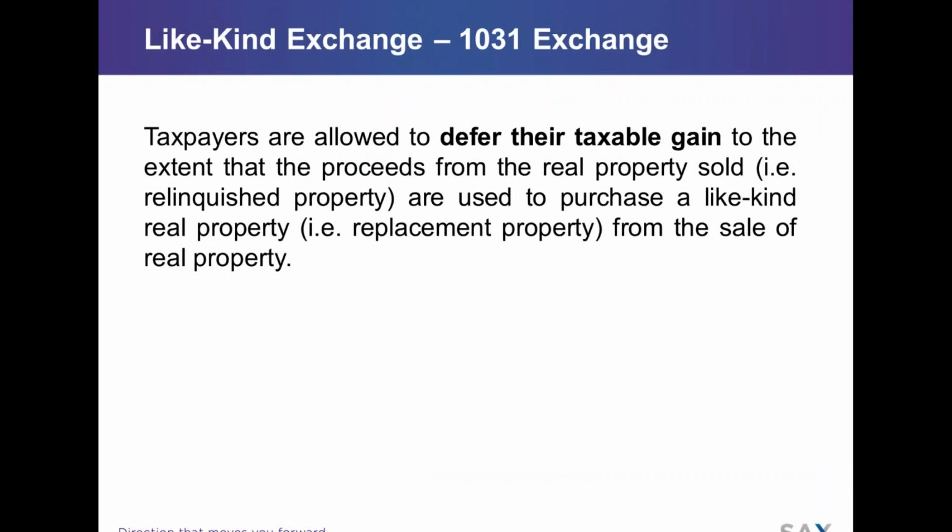One other thing that changed was like-kind exchanges. People used to be able to defer the taxable gain to the extent they had proceeds on property that was used in your business.